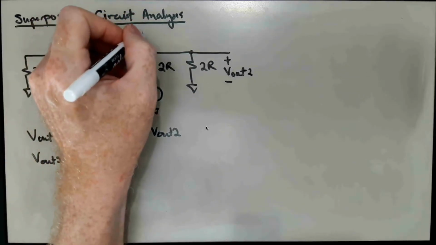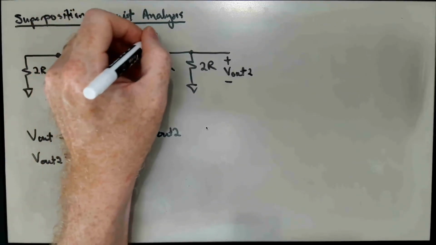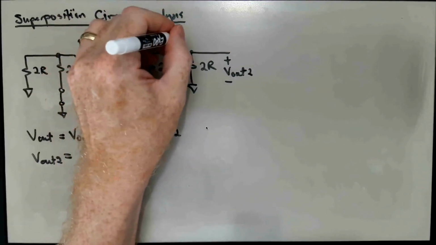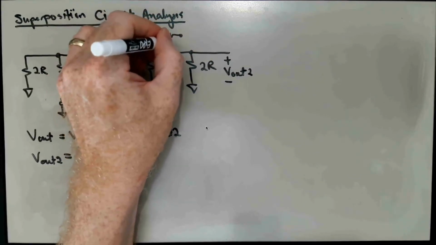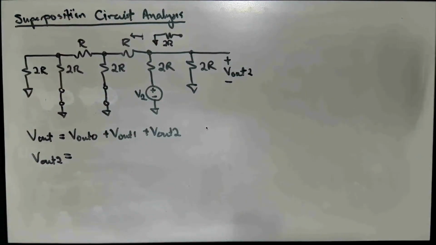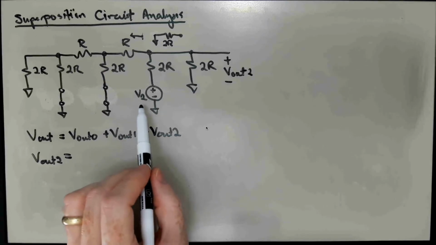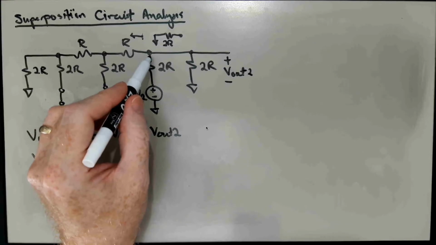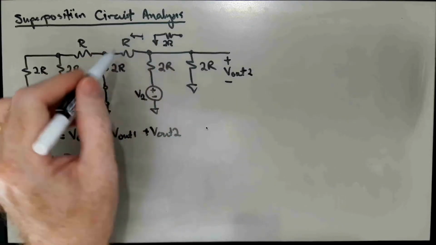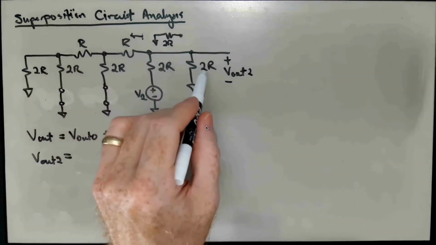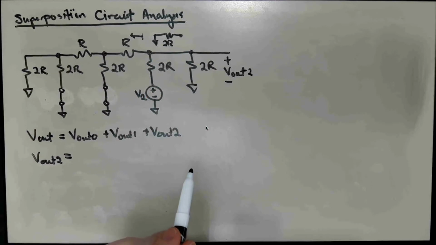To the right here of this point, it's equivalent to a single resistor 2R connected to ground. And so what we have here is V2 coupling through a 2R resistor into a node where we have 2R hanging off that way and 2R hanging off that way, and those are in parallel. So we have 2R parallel 2R, and that becomes R.